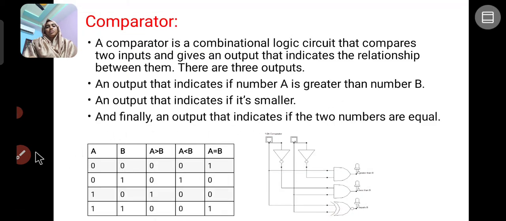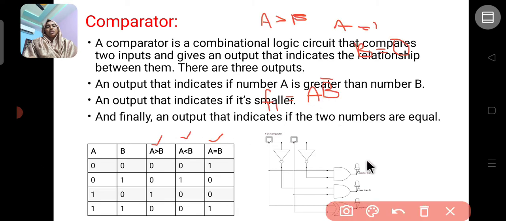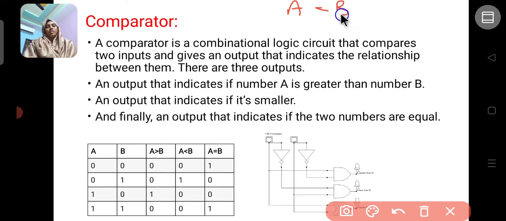So the second condition, we have to draw A less than B. A less than B happens when A equal to 0 and B equal to 1. In this condition only, A is less than B. This condition is satisfied.